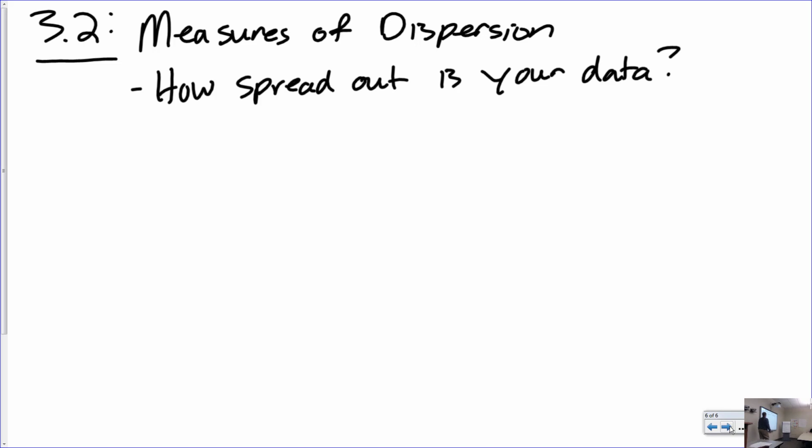So how spread out is your data? Or how dispersed is your data? It's unfair to use the word dispersed to define dispersion, but it makes it easier.